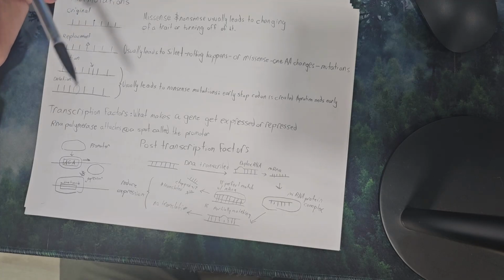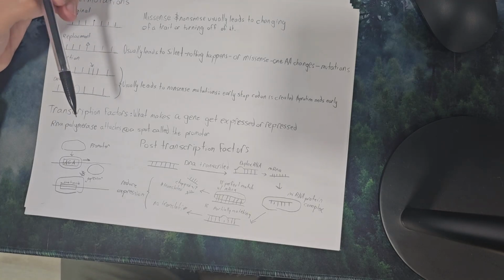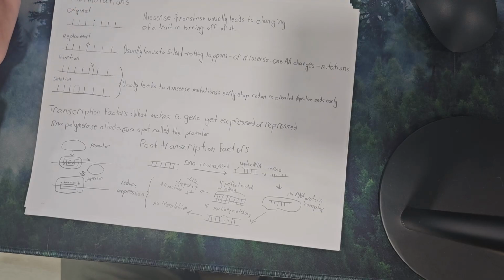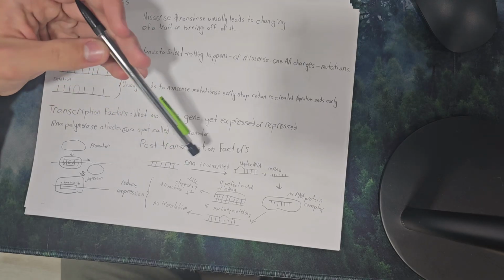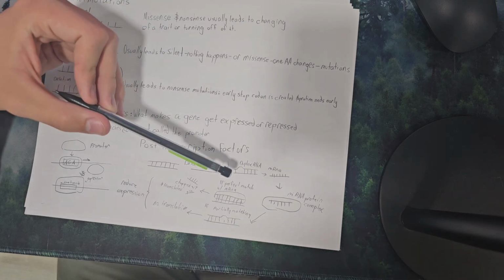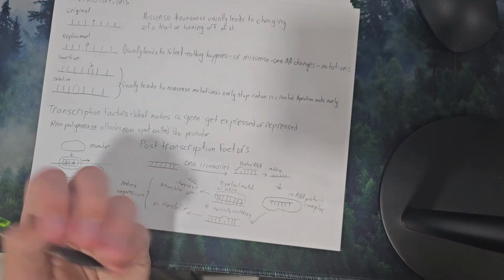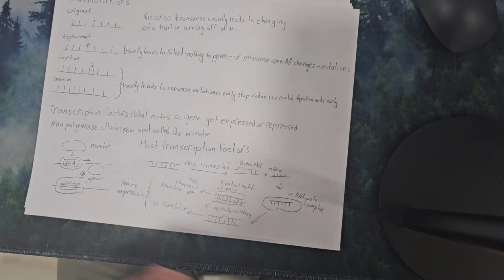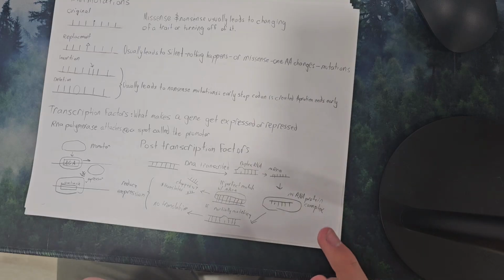Another post-transcription factor that you have to worry about is this whole microRNA deal. Basically, when DNA is transcribed, you might have something called duplex RNA like this, where it has this weird bump where the RNA doesn't match. And this gets cut up into mini RNA and this weird bumpy RNA. And those are the two mRNAs.